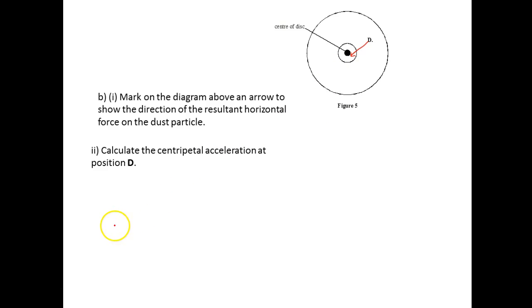The next part asks us to calculate the centripetal acceleration at position B, so we can use the expression a is omega squared r. So before we found that omega was 4.71 radians per second and r was 0.125 meters.